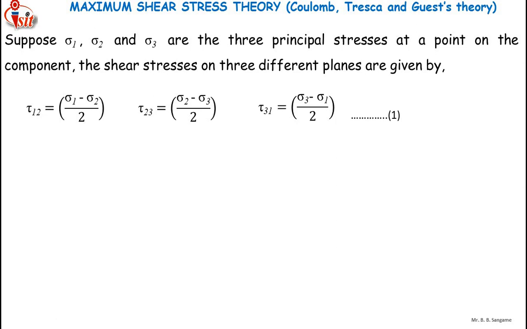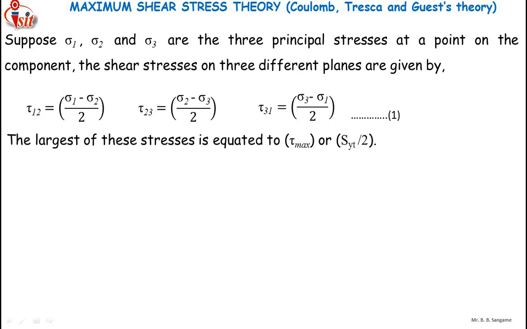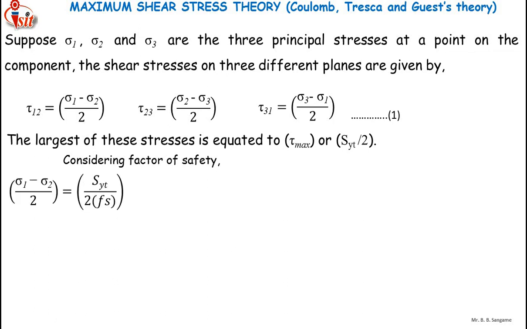Okay, similarly I am going to equate tau max to the largest of these three stresses, or SYT by 2. Considering the factor of safety, sigma 1 minus sigma 2 by 2 equals SYT divided by 2 into factor of safety.